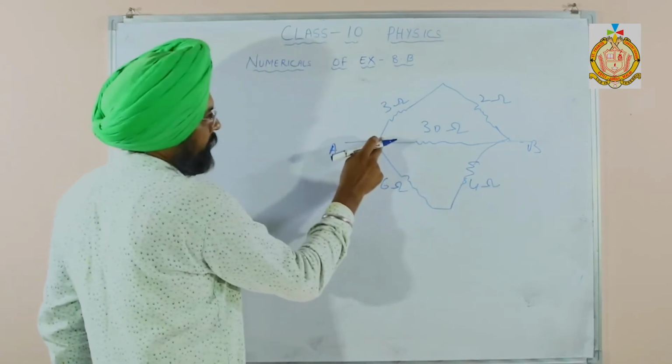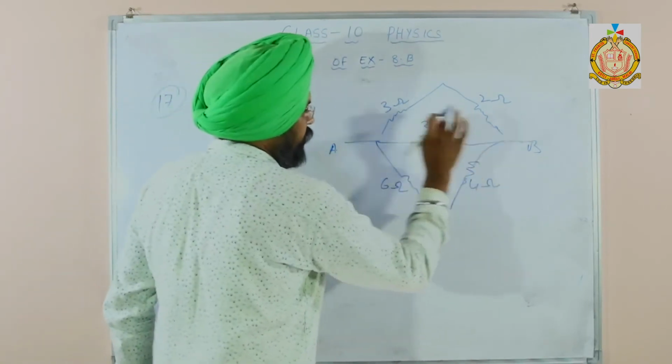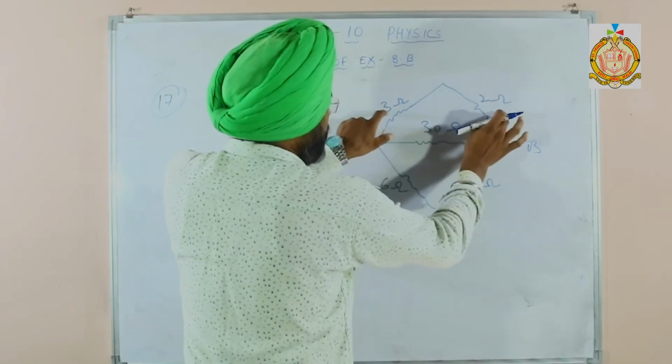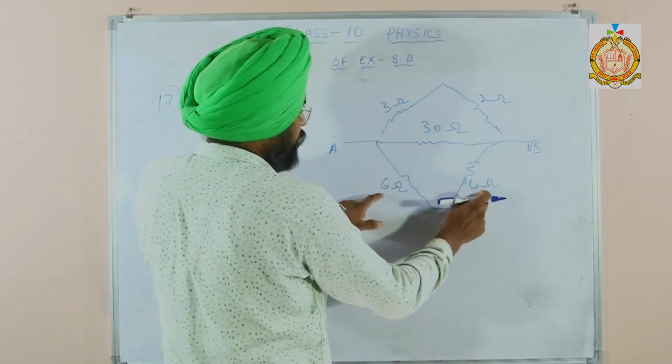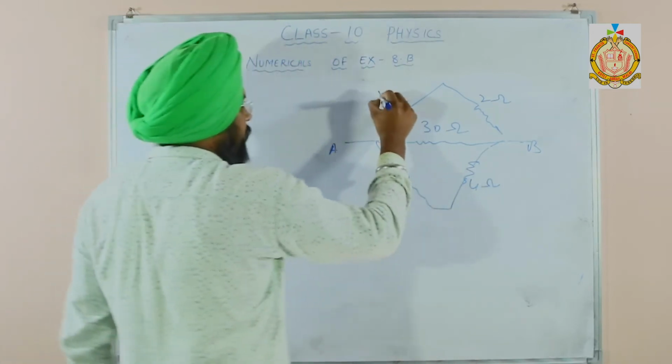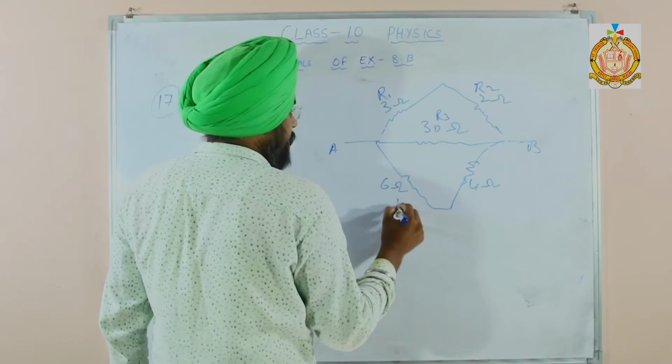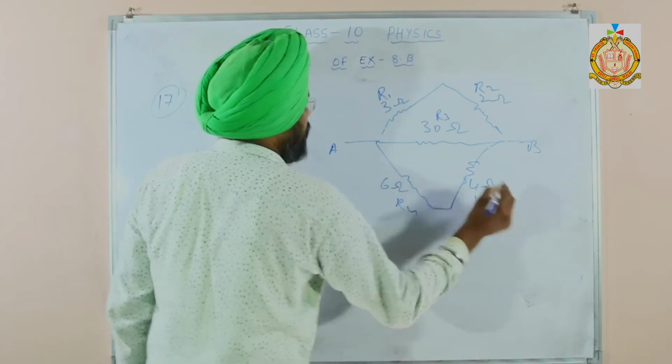As I told you, you have to split it into these two portions. Then when we split it into portions, these two become in series, and these two also become in series. Give the names R1, R2, R3, R4, R5.